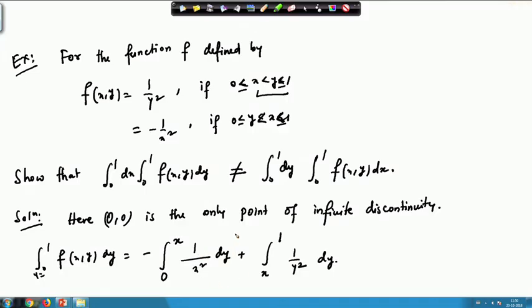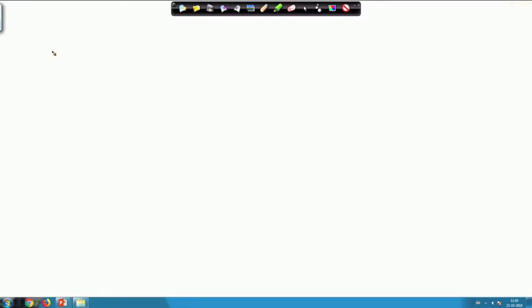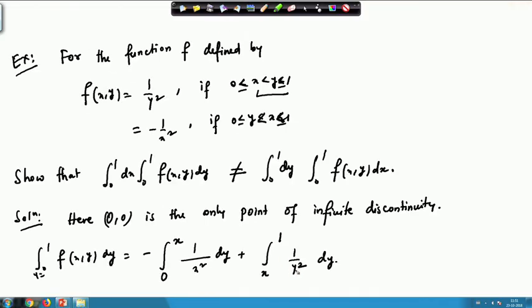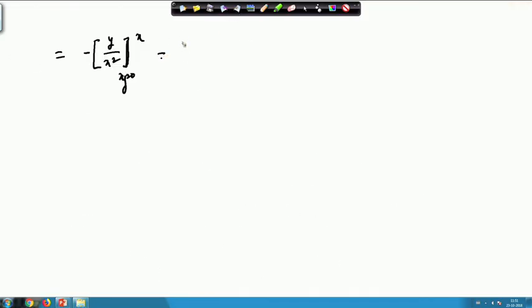Now, when we integrate, the first term will be minus y by x square, with y running from 0 to x, plus we have 1 by y square, whose integral is minus 1 by y, with y running from x to 1.